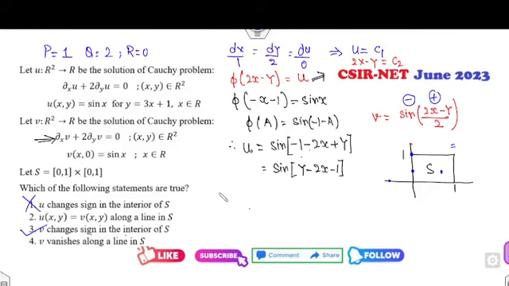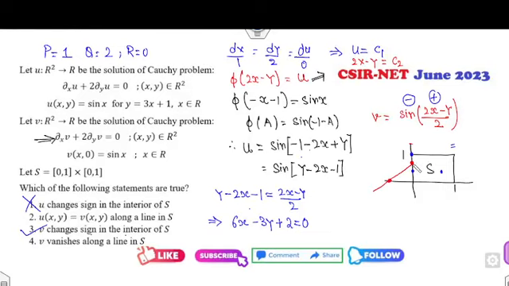U and v are same. So when it will be the same, when this number is same as 2x minus y over 2. So that means 2, 4, 6x, 2 minus 3y plus of 2 is equal to 0. Can you draw the graph of this? When x is equal to 0, y is equal to 2 by 3. When y is equal to 0, x is minus 1 over 3.